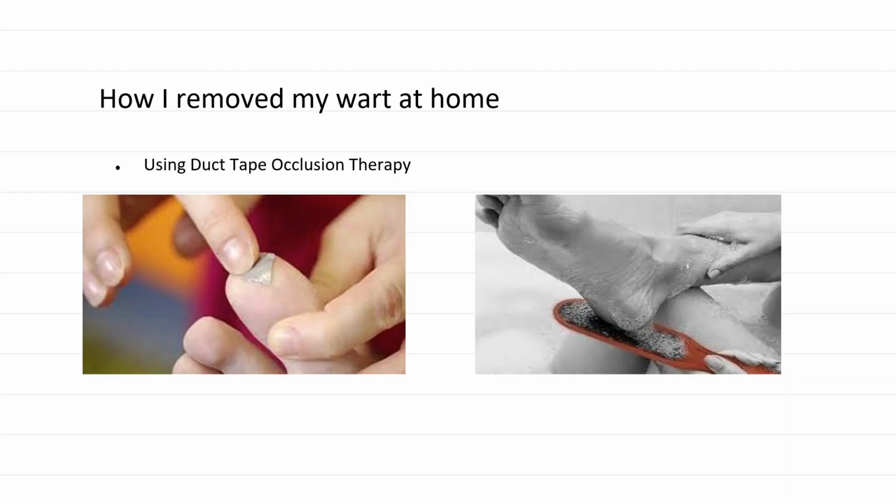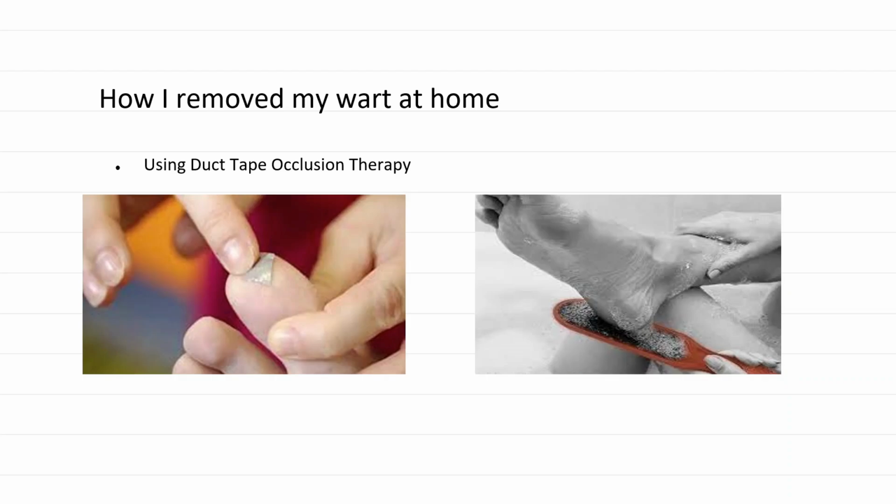After that, in this therapy, it is told that after you have removed the duct tape after 6 days, you try to brush it with the pumice stone. Try to give it a warm bath in warm water. Keep your hand or foot, anything, in that warm water, and then tape it again with the duct tape and repeat the process maybe 2 or 3 times until you see results.